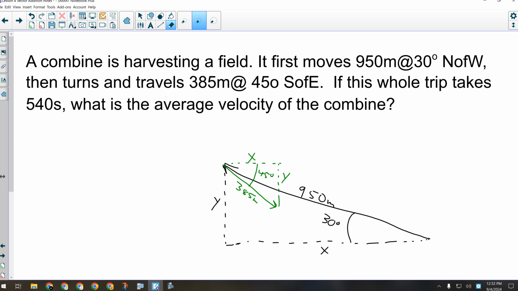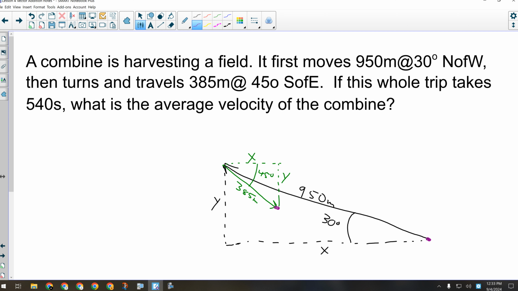Last thing that needs to go on the diagram is the line that represents the total displacement of the combine. Where do I draw that? Displacement is always from initial position to final position. This is my initial position.